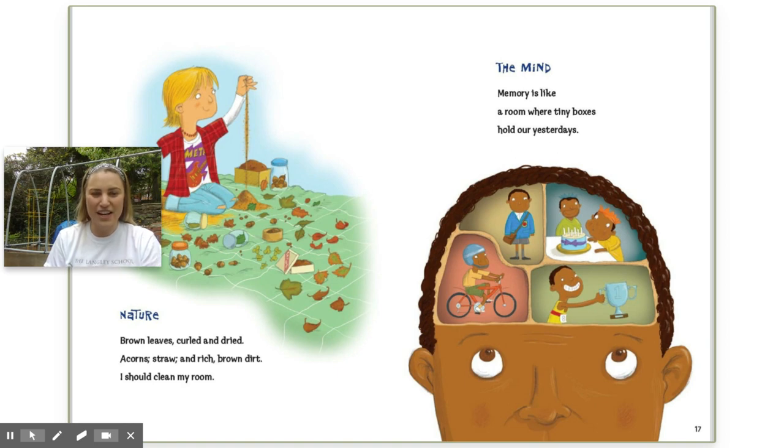Brown leaves, curled and dried, acorns, straw, and rich brown dirt. I should clean my room. The mind. Memory is like a room where tiny boxes hold our yesterdays.